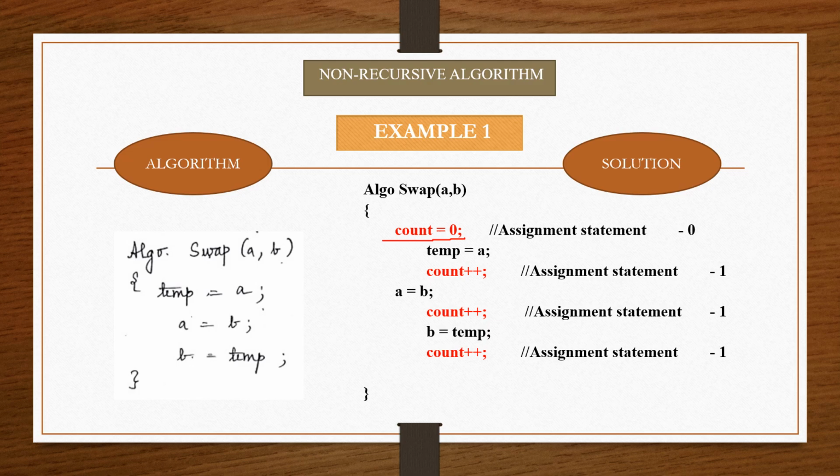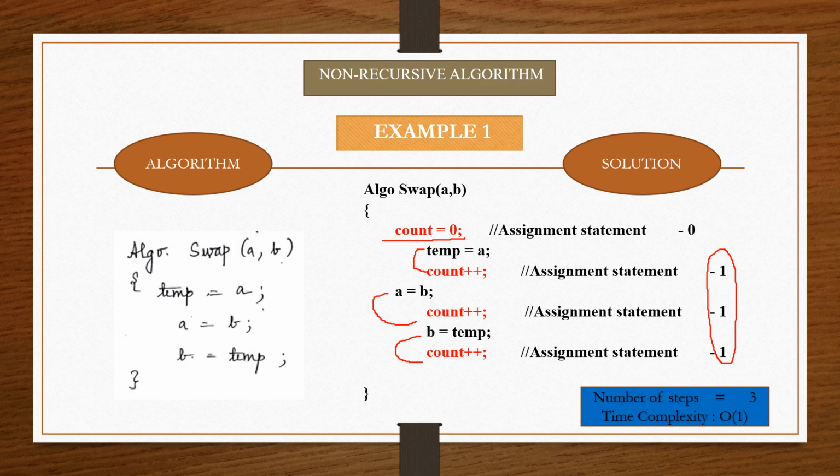Then for every assignment statement we increment it. You add all these, and the sum is 3. Since it is a constant, the time complexity will be order of 1.